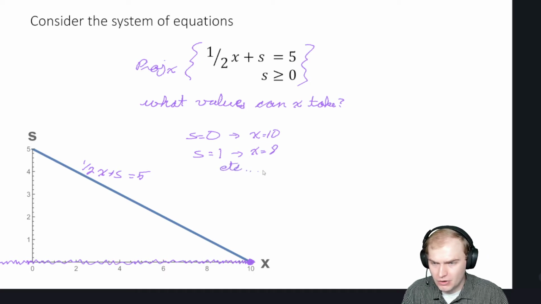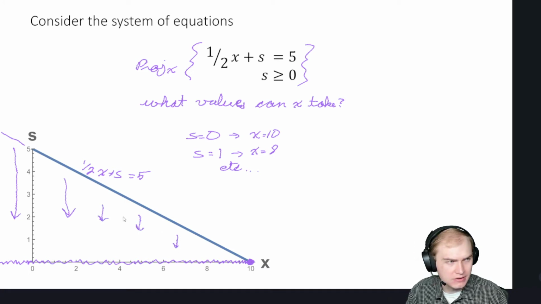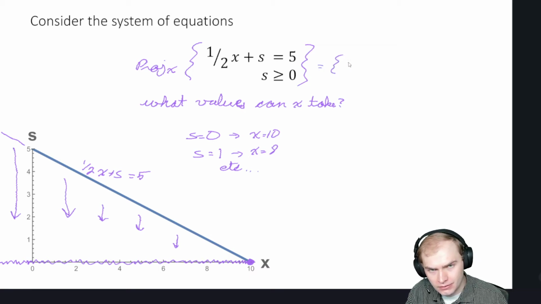Graphically, we've taken this line and dragged it down out of the s space and entirely onto x. And we're left with x less than or equal to 10.